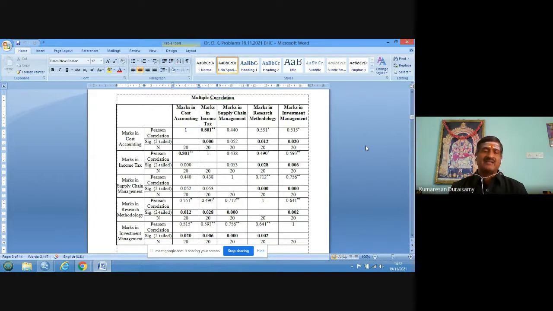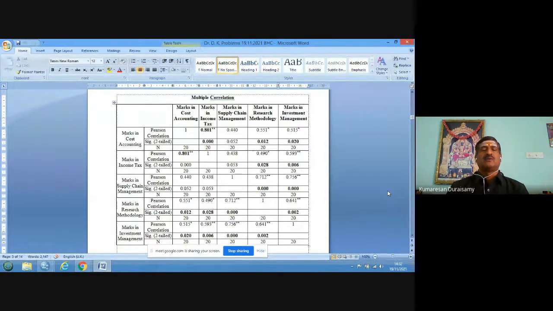So always 1 versus 1, 2 versus 2, 3 versus 3, 4 versus 4, and 5 versus 5 will be 1, 1, 1, 1, and 1. So the diagonal is always 1, like a unit matrix.